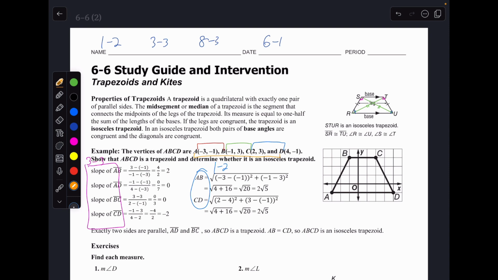So for example, AB, you calculate the slope for AB. Then you need to calculate the slope for BC. Then the slope for CD. And you need to calculate the slope from A to D.